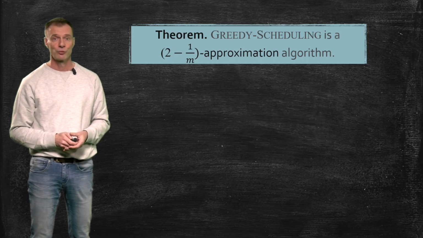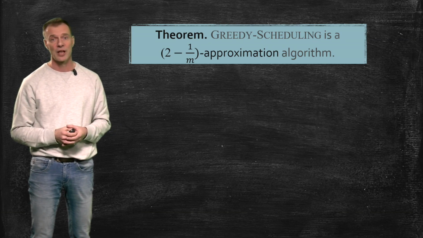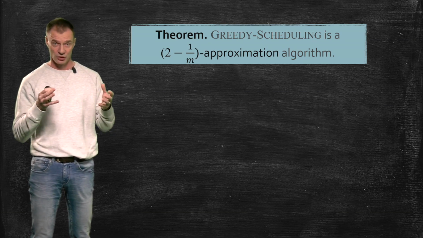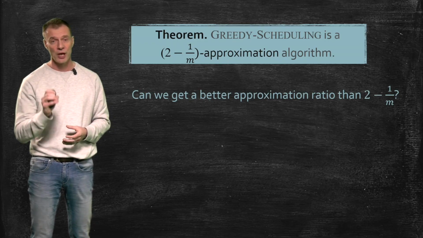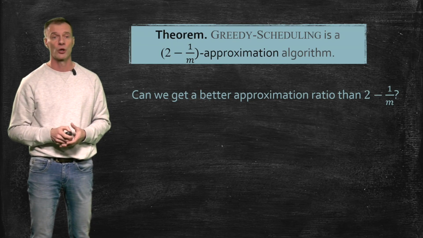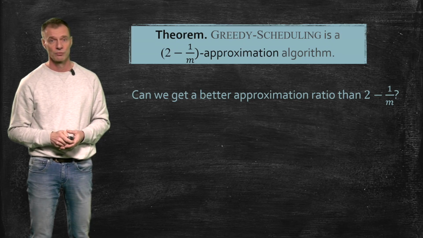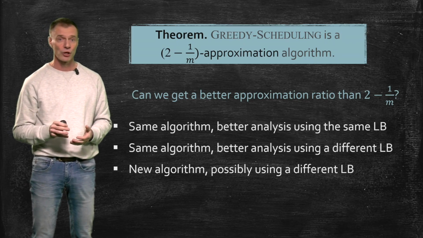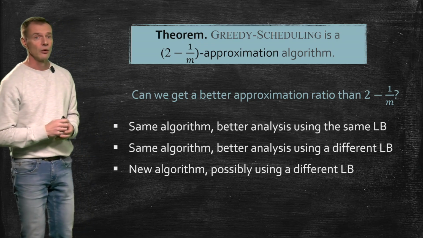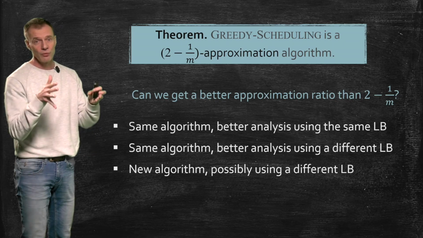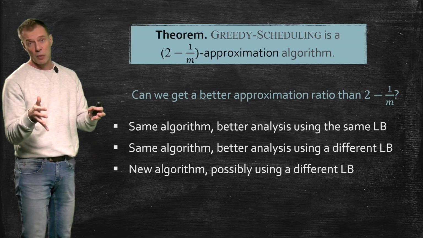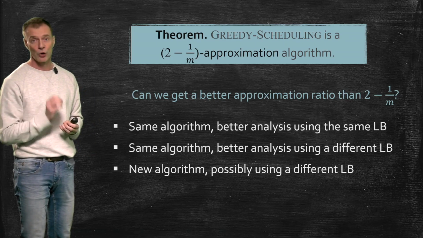Okay, so we have proven this nice theorem, and again we can ask ourselves the question, can we do better? Can we get an algorithm that is better than a 2 minus 1/m approximation? Remember there were 3 ways of doing it. We could either work with the same algorithm, the same lower bound, but be more careful in the proof.